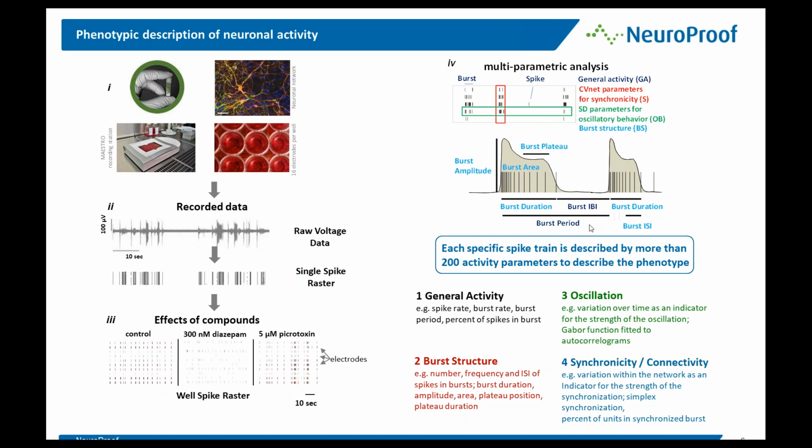Far more advanced than just calculating or recording spike rate. Besides this, as we have a network, we have the synchronicity and connectivity measure, which is the synchronicity index variation over the network. And besides that, we also have regulatory or oscillatory behavior parameters. So all these parameters allow us to derive a fingerprint of a compound or a cellular model.